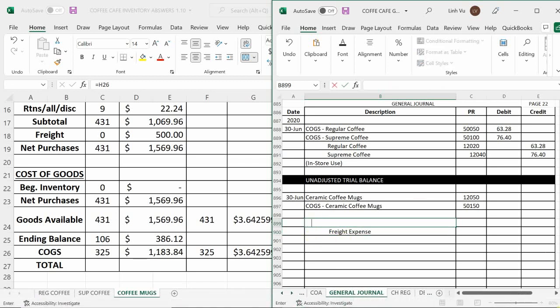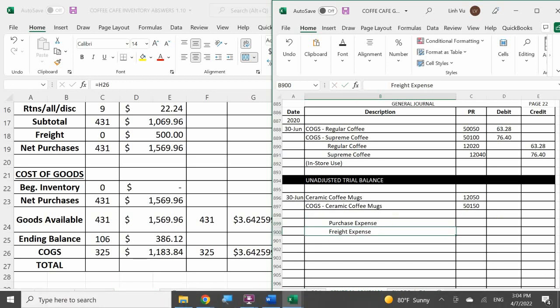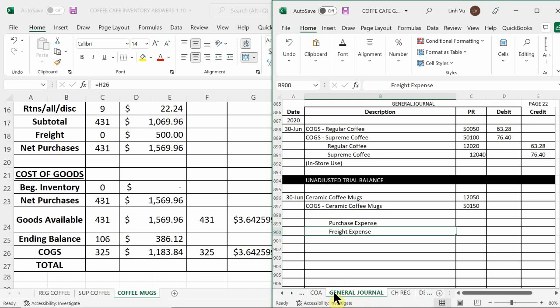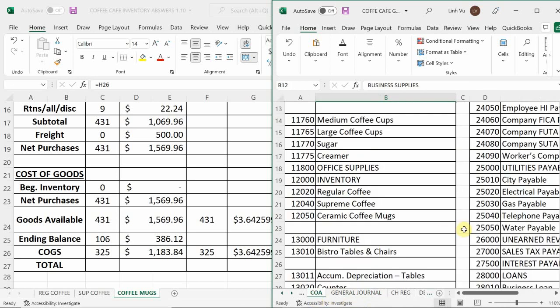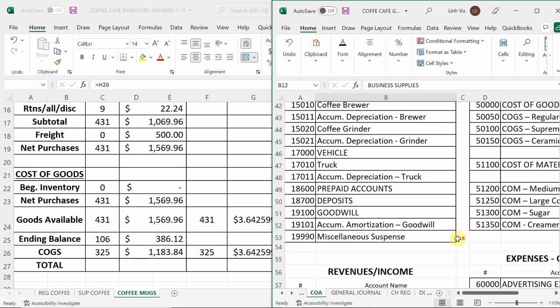Okay. Anything else? Oh, sorry. Purchase expense. Okay. The returns. We have to recognize the returns as well.